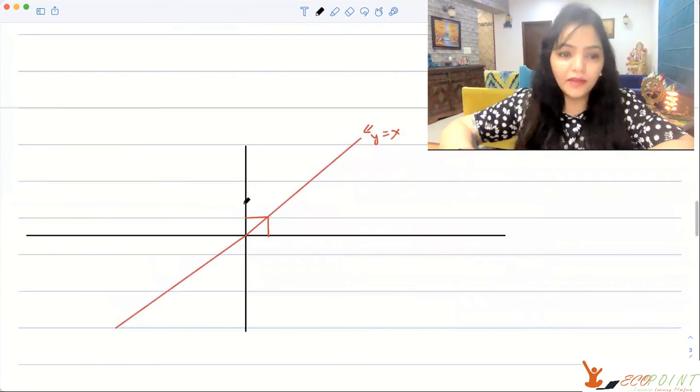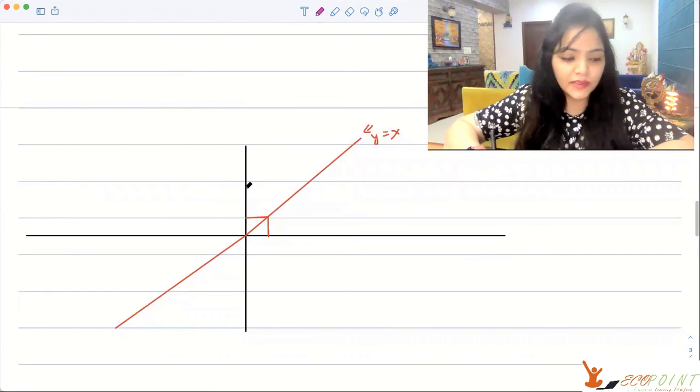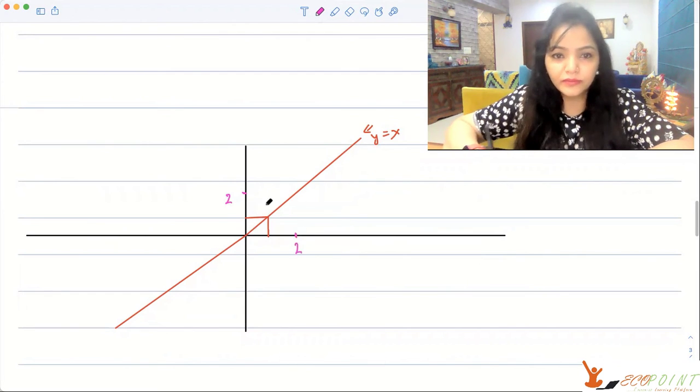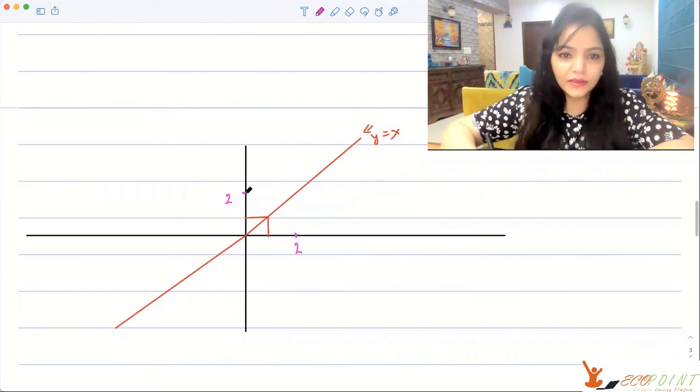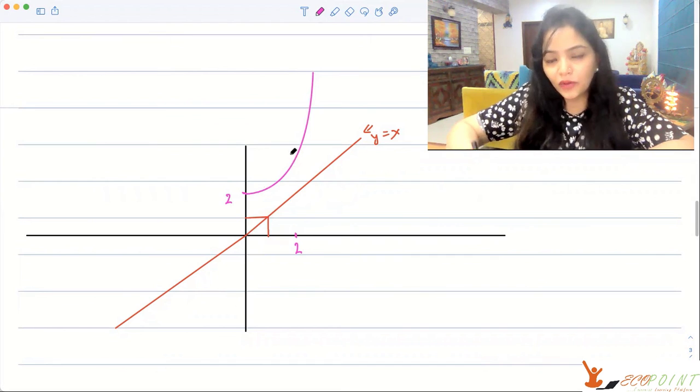And if you graph it, guys, let me take some other color. So suppose this is 2 here and this is 2 here. So you would notice this is a parabolic thing here, because when x is 0, you are getting something 2 plus, and it will go like this.